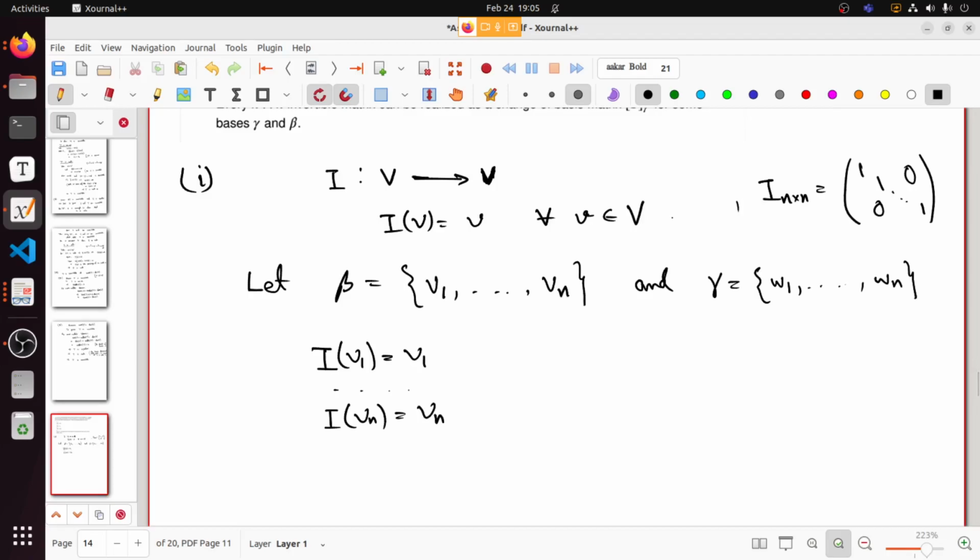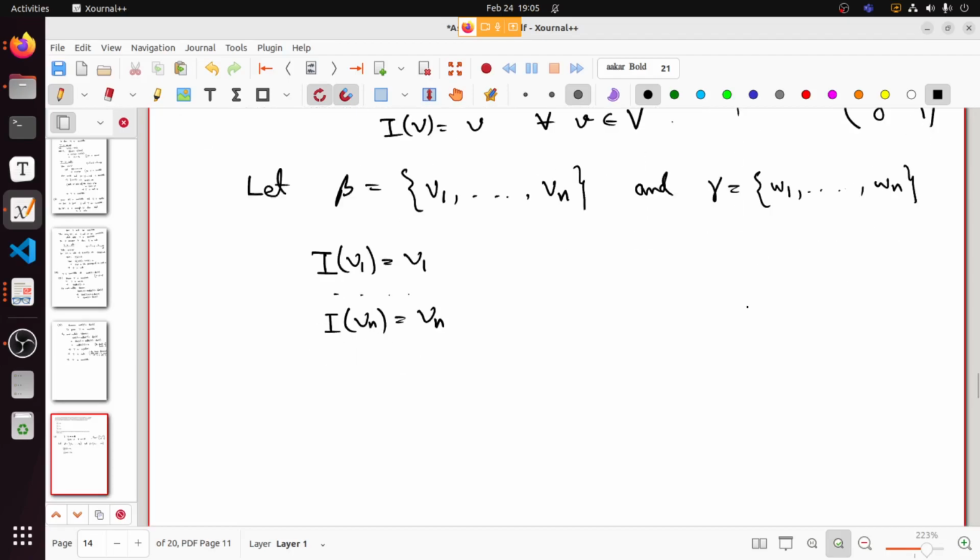So then what will be the matrix? So b1 you can write as 1 dot b1 plus 0 dot b2 plus dot dot dot 0 dot bn, right? And let's write the second one also.